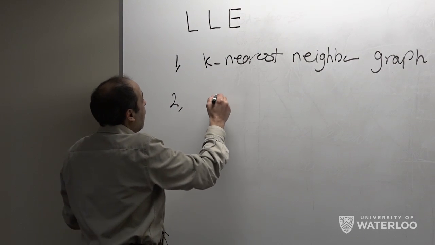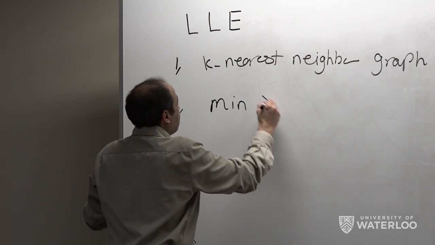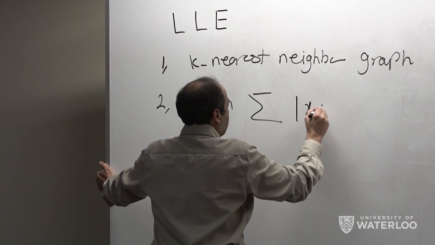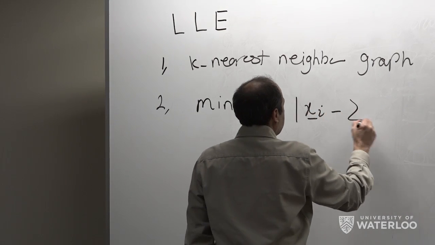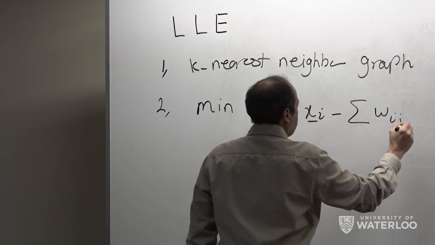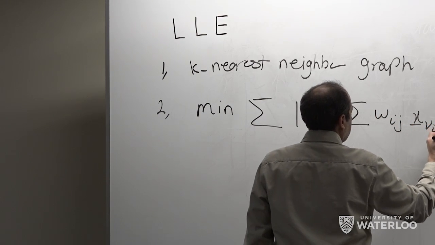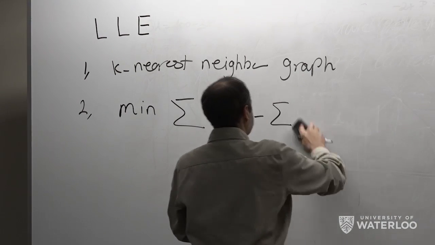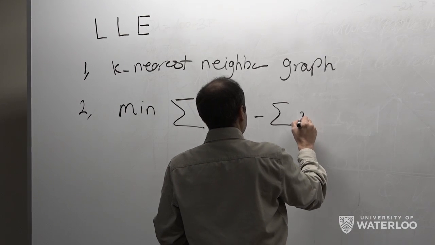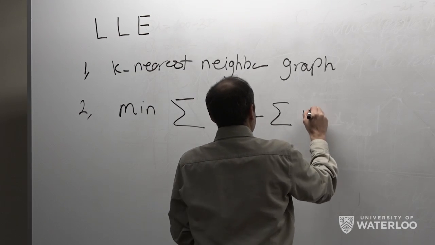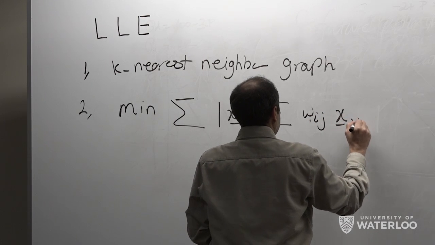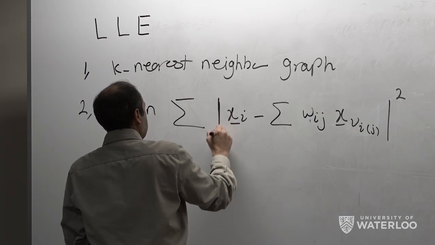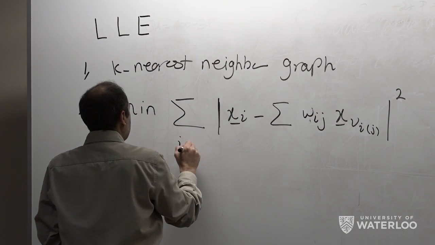The second step of LLE was to minimize, for all points, the reconstruction error.